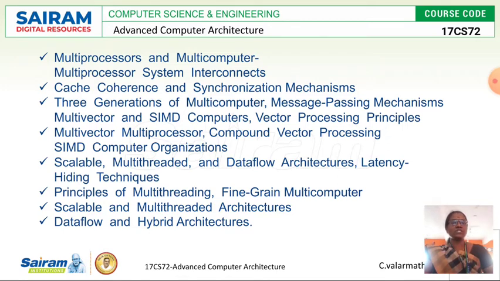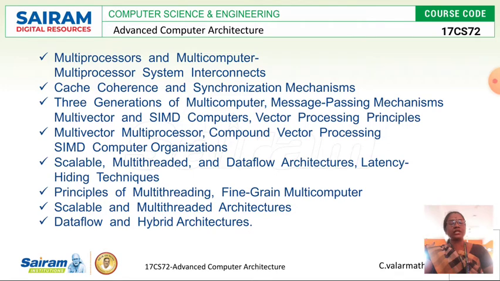What are those? The first one is the message passing mechanism, the second one is multivector and SIMD computers, the third one is vector processing principles. Then the next topics are multivector multiprocessors, compound vector processing, and SIMD computer organizations.